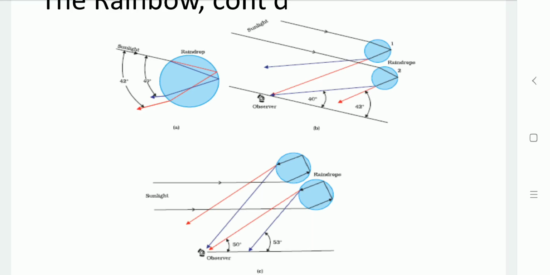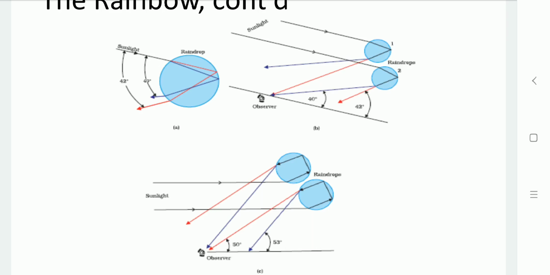That reflected light is refracted again when the light beam comes out from the drop. As you can see, first sunlight is refracted from air to the water drop. Inside the water drop, total internal reflection is observed, and after that, while the ray of light is coming out, refraction takes place again.